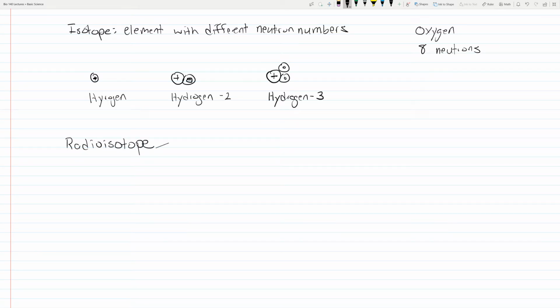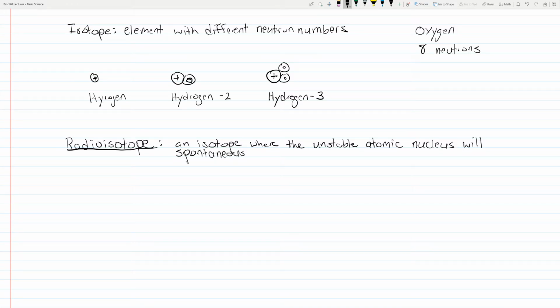A radioisotope is an isotope where the unstable atomic nucleus will spontaneously release energy or subatomic particles. And that's all a radioisotope is.